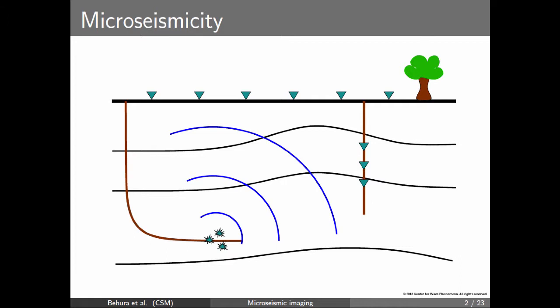In hydraulic fracturing, high pressure fluid is pumped into these horizontal wells, which generates fractures, and it might actually reactivate some natural, already pre-existing fractures as well. And all these fracturing activities will generate small earthquakes, which are called microseismics, and they are usually recorded in a vertical borehole or nowadays commonly on the surface, using a surface receiver array.